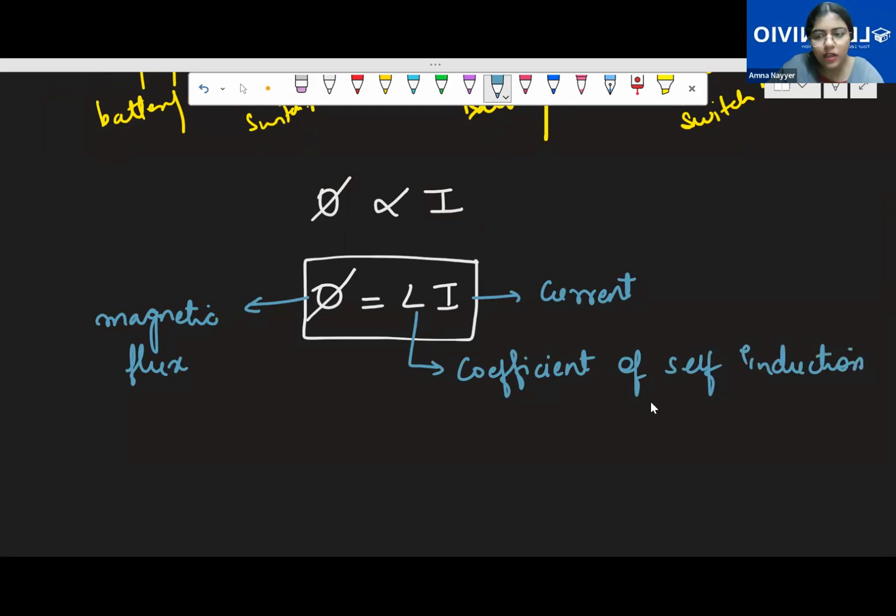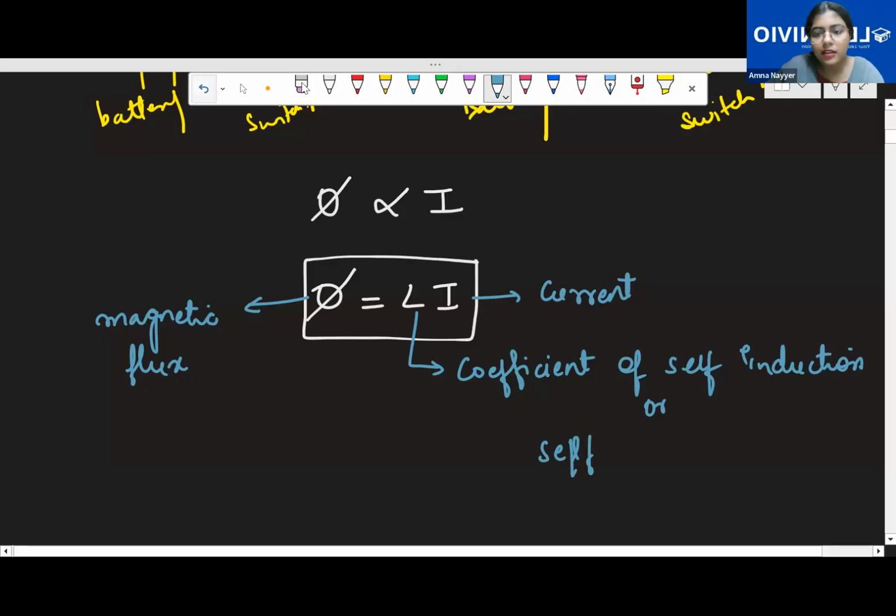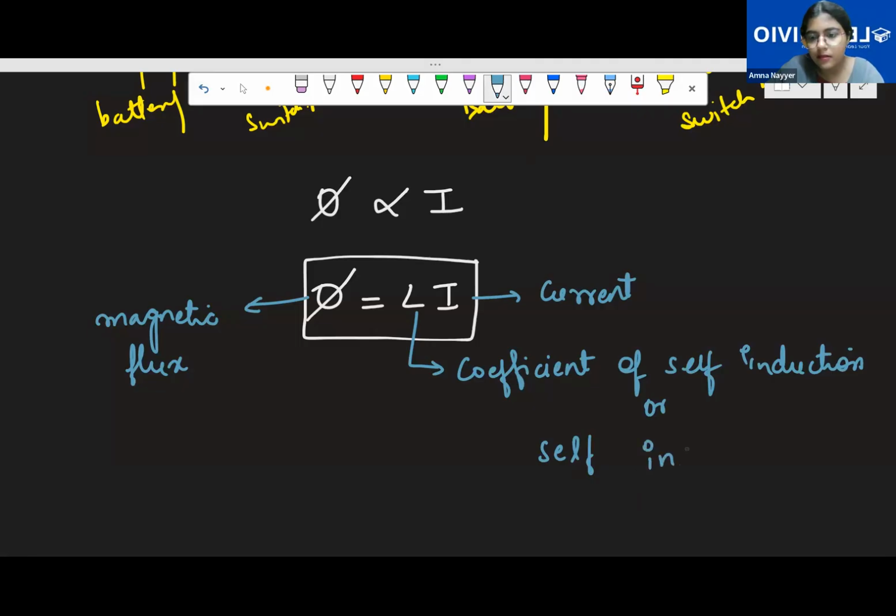Or there is one more term by which it is known and most commonly used, self-inductance. This is known as self-inductance. So you will hear this term often, self-inductance value is given. It's not necessary every time you will get coefficient of self-induction, but these are the names.